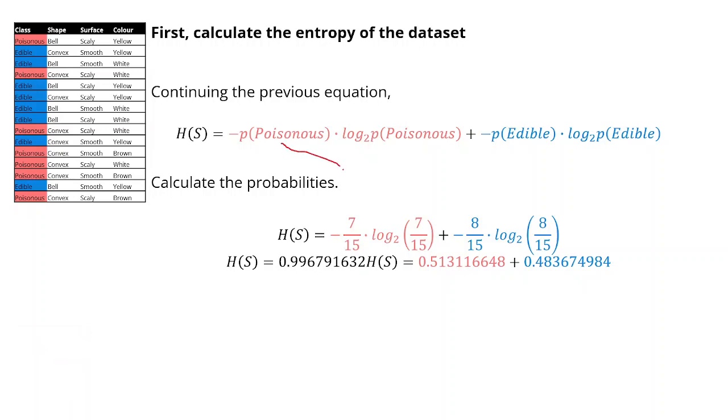This is the summary. The probability of poisonous, and the probability of edible.